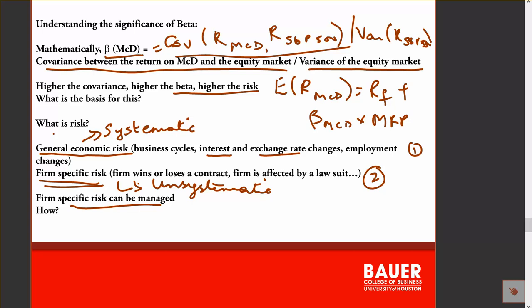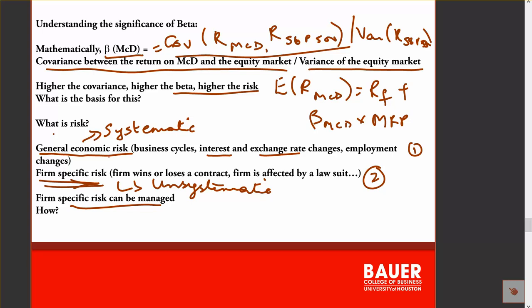You can put stocks together in a portfolio so that when McDonald's does badly, the other firm, if it's correlated in a way that the other firm does well, then you sort of hedge your risks, right? So that kind of portfolio diversification, where you try to manage risk by including assets that don't move with each other, one does poorly, the other does well, and they balance each other. That diversification will help you control firm-specific risk.